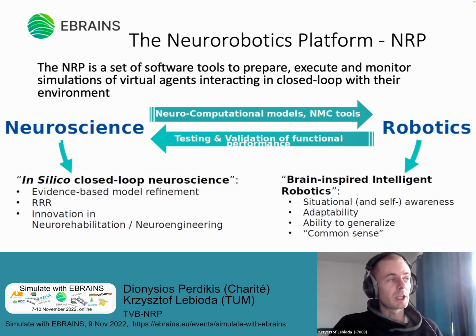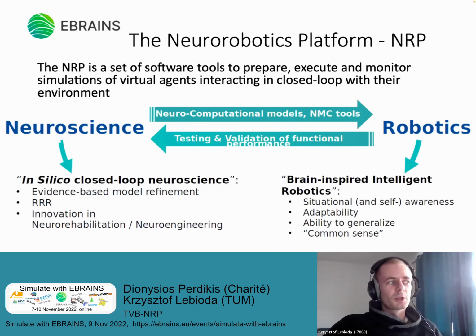Basically, NRP allows us to bring the fields of neuroscience and robotics together, and both of these fields can profit from that. Embodied agents like robots can use neurocomputational models or neuromorphic tools in order to gain situational awareness, become more adaptable, or able to generalize, well, in essence, to become more intelligent, let's say.